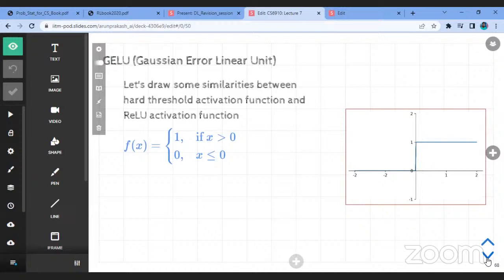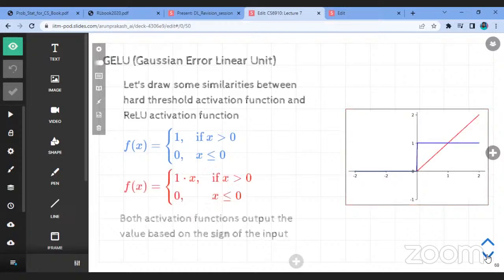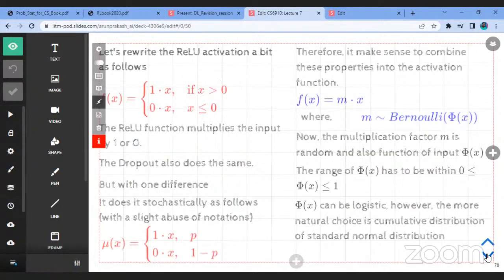So here we just try to motivate why GELU is merging two functionalities that we are interested in. So what will be the actual graph or equation of GELU? This one is the actual activation function of GELU.